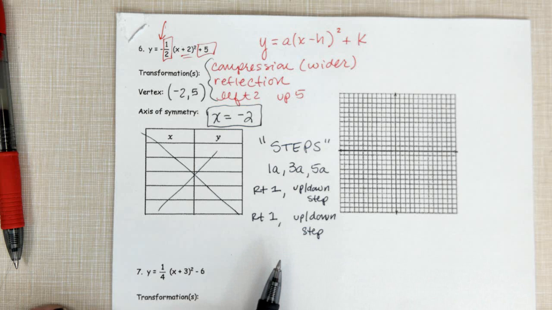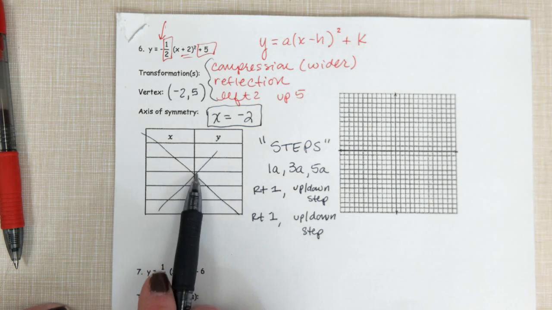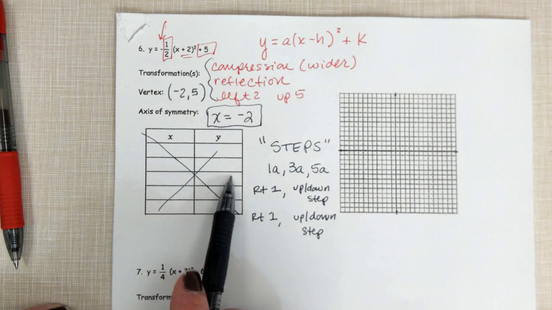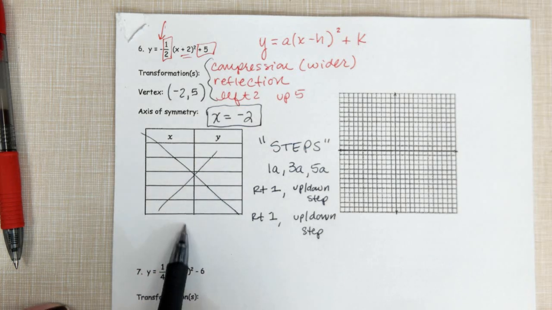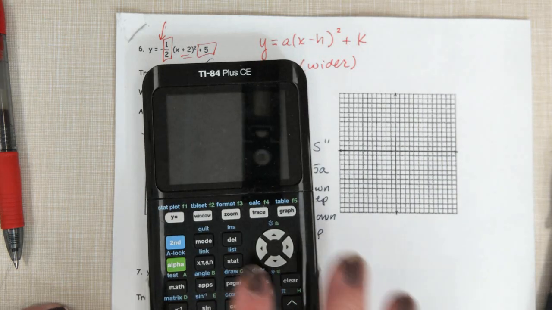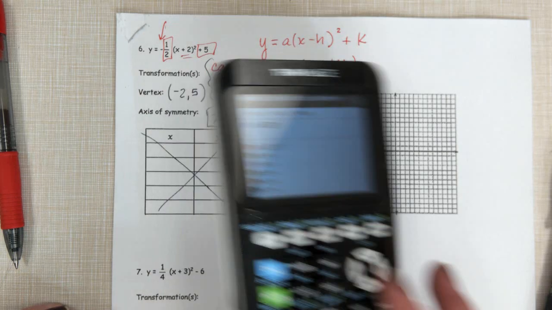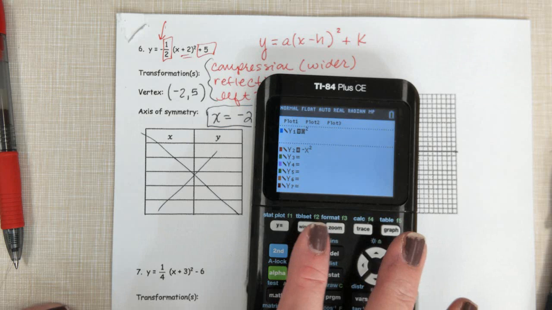So when we did it before with the parent graph function, you had to keep going back to the vertex and using the 1, 4, 9 values. So this is just a little bit easier when you're graphing it by hand. If you're using a graphing calculator, obviously that's all stats, what you can do to check it.